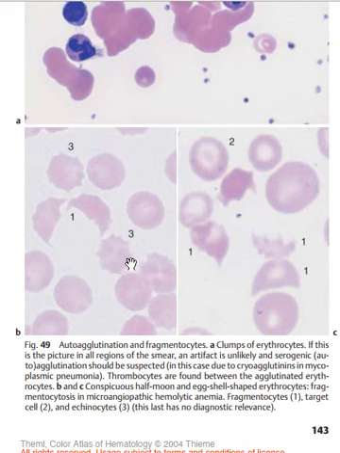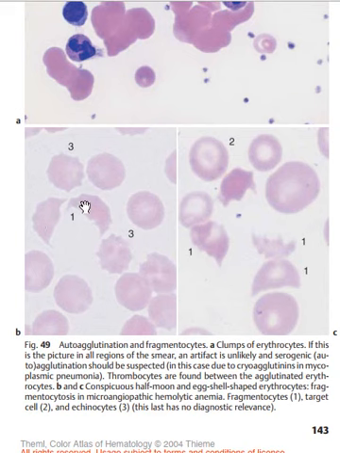Is it clear? So we also have fragmentocytosis. When you have half moon appearance of red blood cells, eggshell shape of red blood cells, and all the fragmentations of red blood cells, you can think of a microangiopathic hemolytic anemia. All these cells are called fragmentocytes.